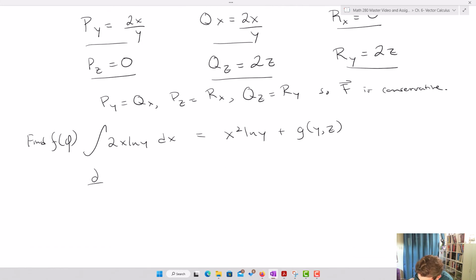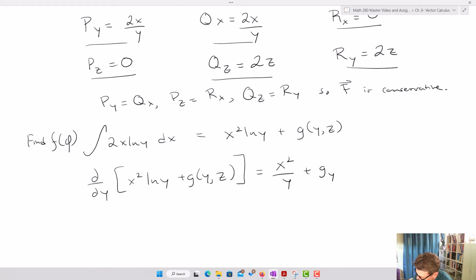Then I'll take the partial with respect to y of x² ln y plus g of y, z, and that's going to equal x² over y plus g_y.